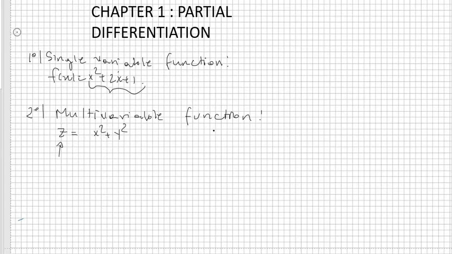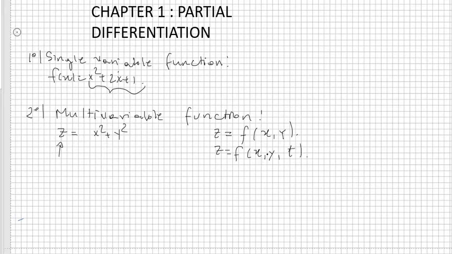A multivariable function is basically represented by, for instance, z is equal to f of x and y. This simply means that we have a function z that includes the x and y variables. You can also have, for instance, z is equal to f of x, y, and maybe t.